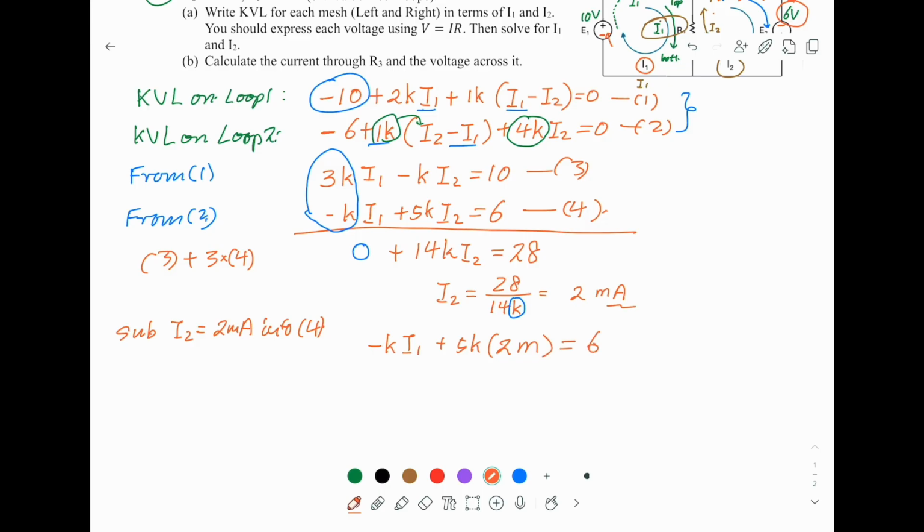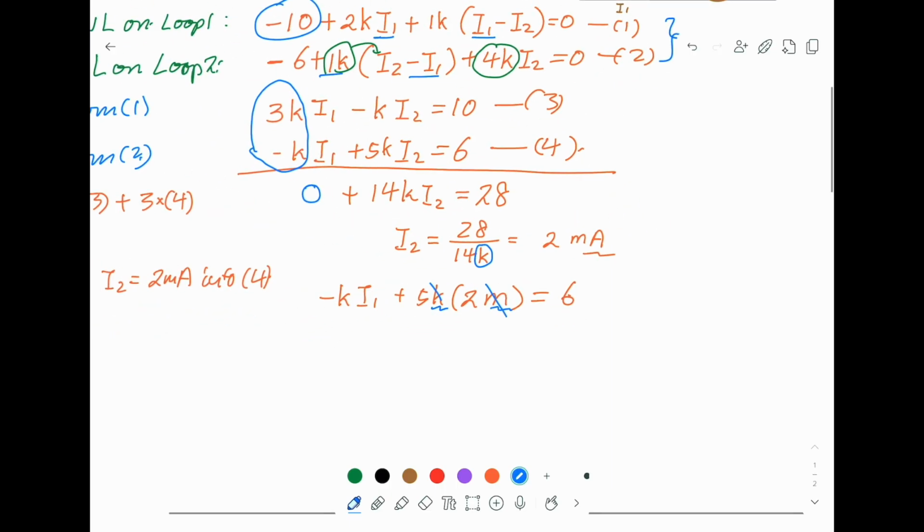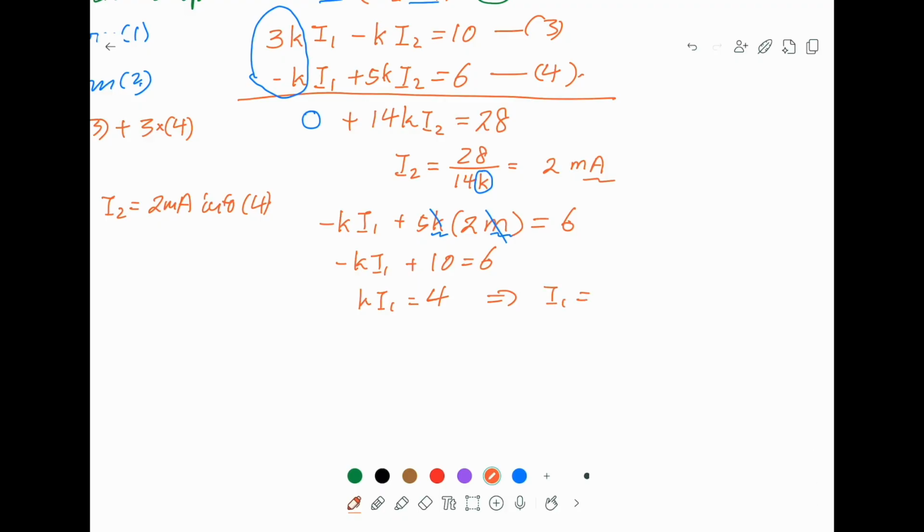The beauty is that k is 10 to the power 3 and m, milli, is 10 to the minus 3, so effectively they cancel out, and you have minus k I1 plus 10 equal to 6. So k I1 equal to 4, and I1 equal to 4 over k. It means 4 milliampere. So this is I1.